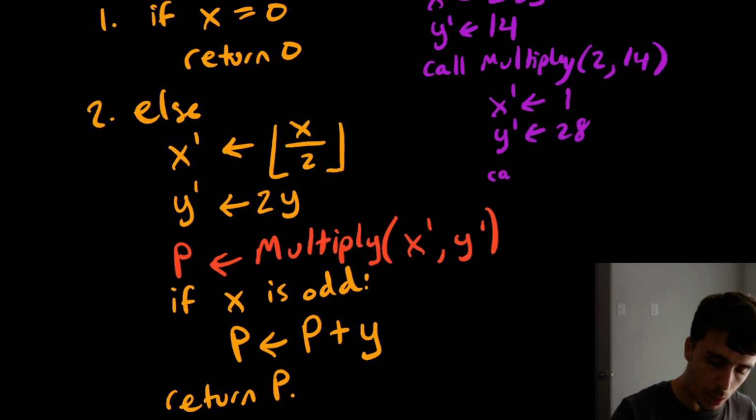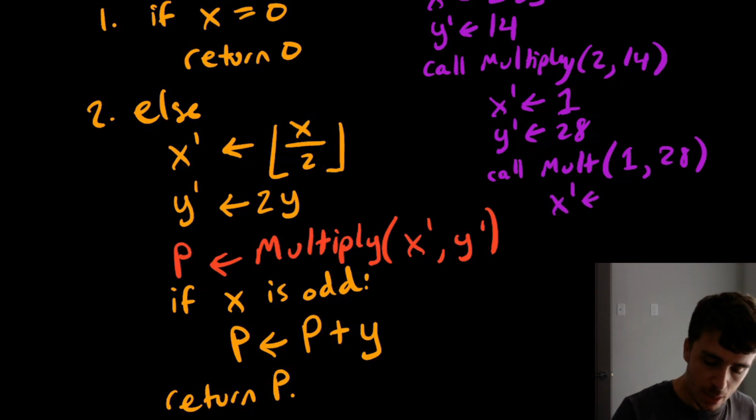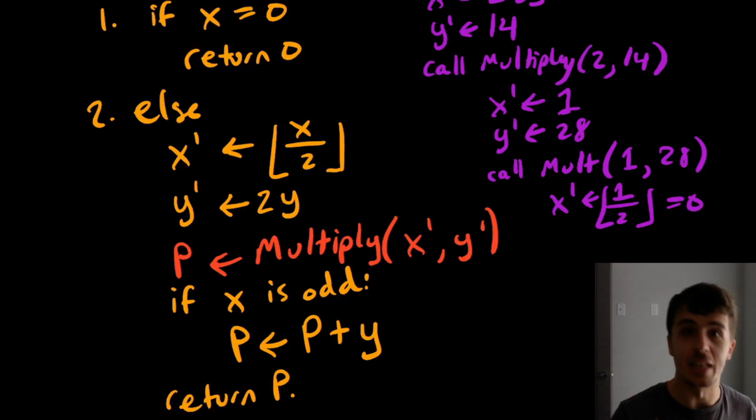So we're going to call, I'm going to shorten it to mult in this case, 1 along with 28. So x is not 0 here. So we're going to have x prime to be 1 divided by 2 floor, which is going to be 0. So the next time is going to give us 0. We call mult.